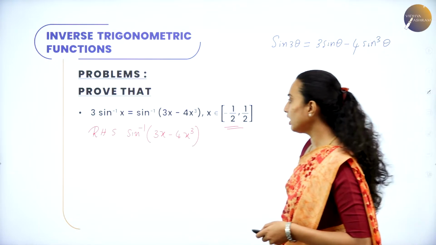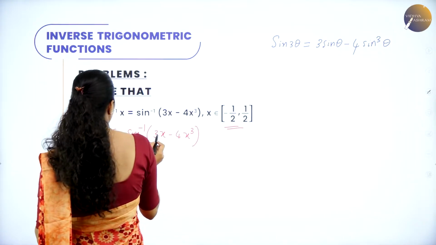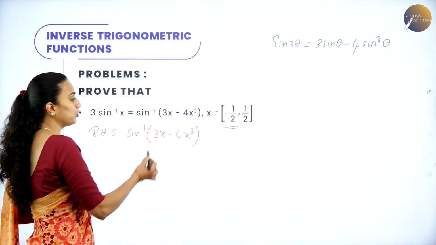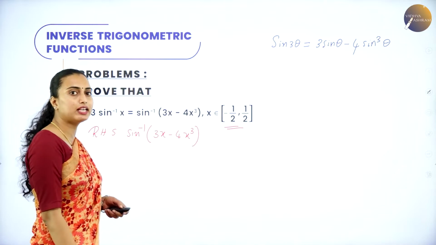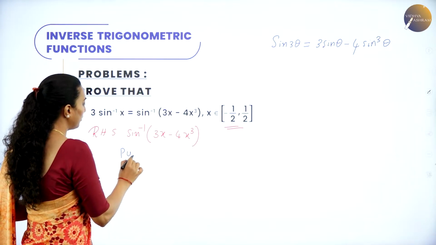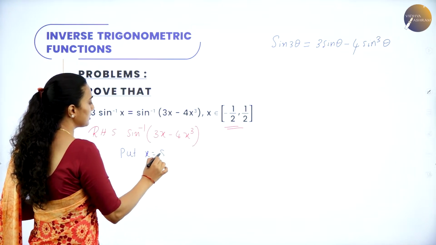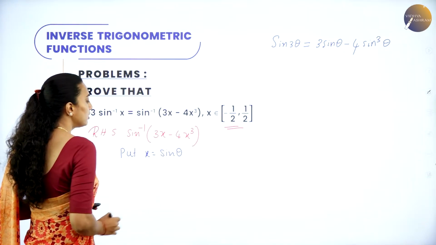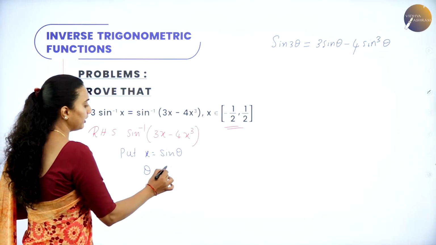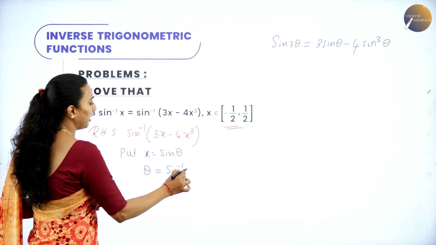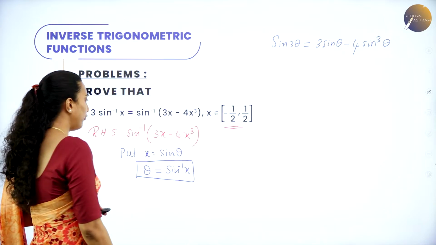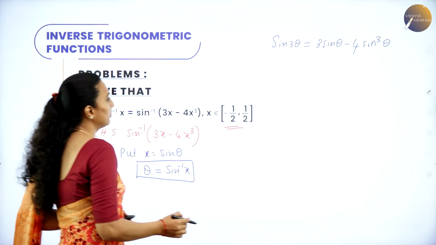Okay, so you can observe, dear students, here if I am going to have the form of 3 sine theta minus 4 sine cube theta, so what x replaces there? X will be replacing sine theta. So I am going to substitute here, put x is equals to sine theta. Okay, so therefore theta will become what? Theta, it will become sine inverse x, right?